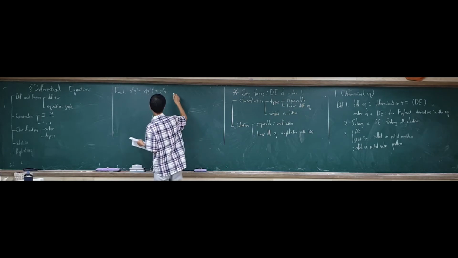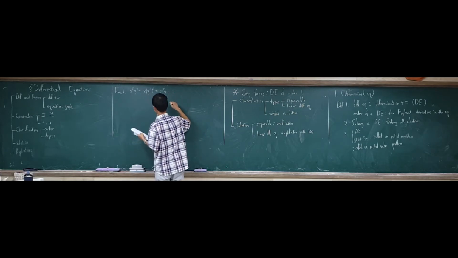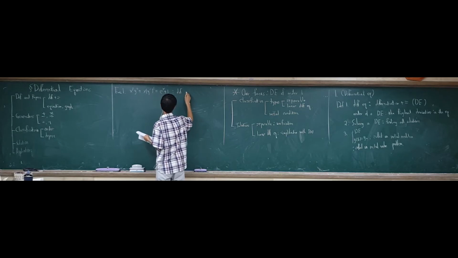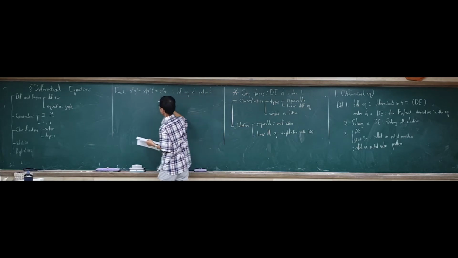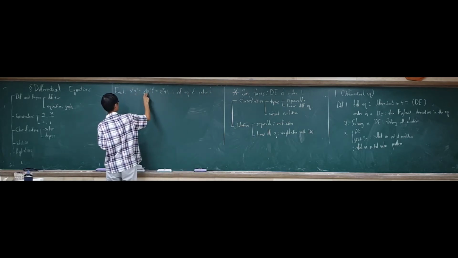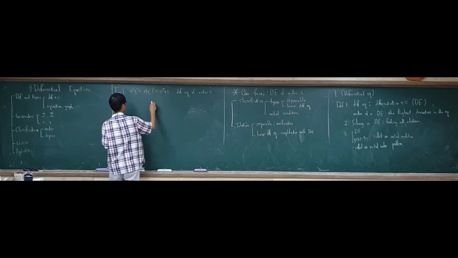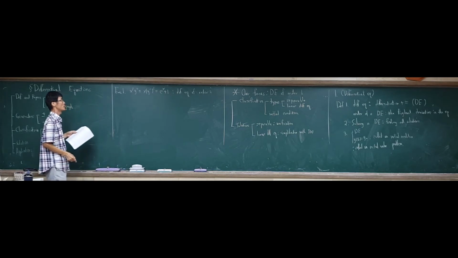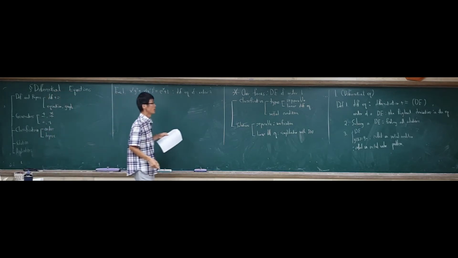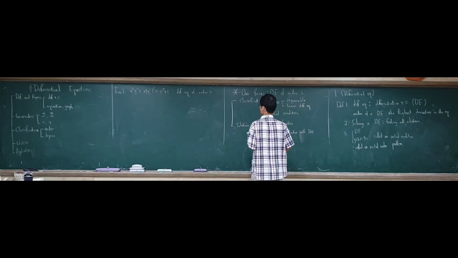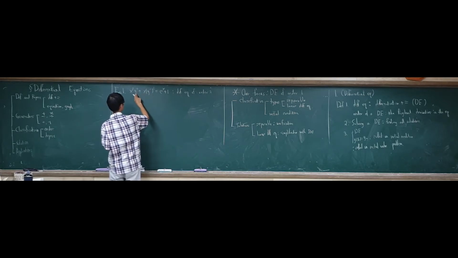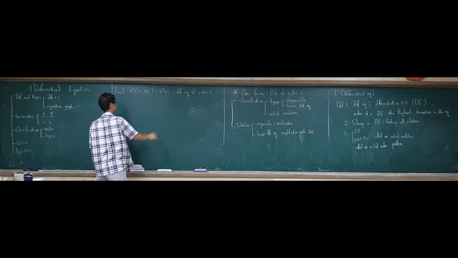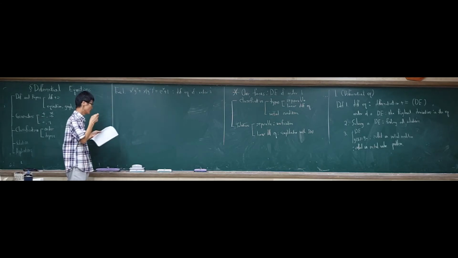This is a differential equation of order 2, because we can find y prime and y double prime, so we have differentiation, and here is an equality. The highest order appearing is y double prime, so the order of this differential equation is defined to be 2.